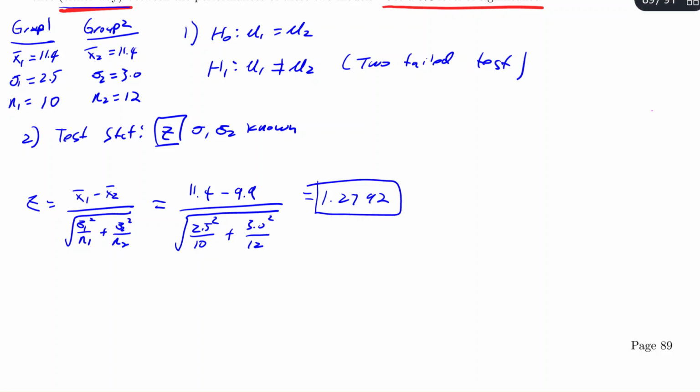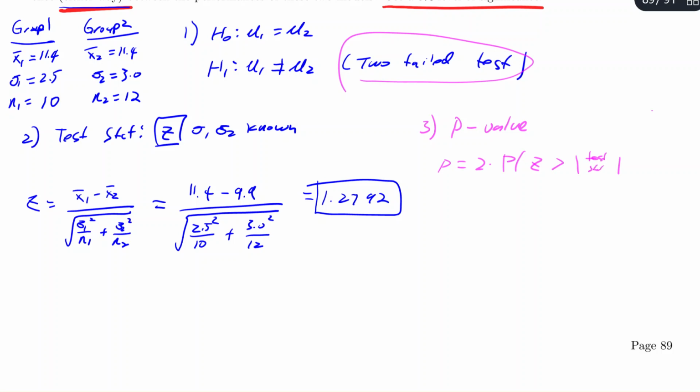Test stat. And let's find the p-value. Well, for p-value, we're doing a two-tailed test. So for a two-tailed test, the p-value is 2 times probability of z bigger than absolute value of test stat. So in this case, 2 times probability of z greater than 1.2792, since we already have a positive value.